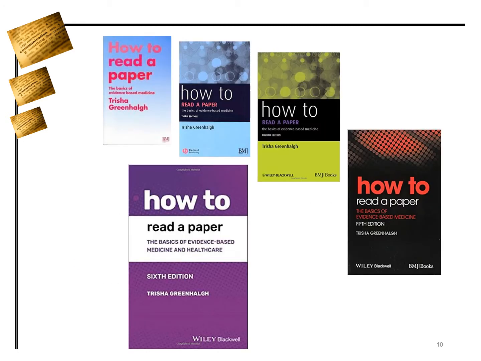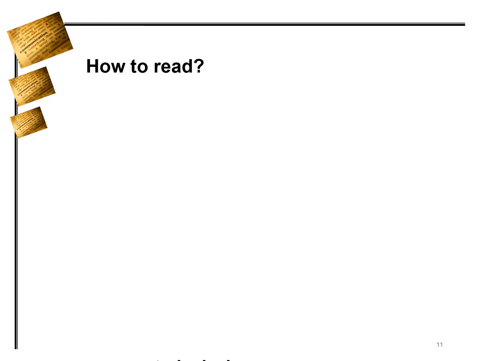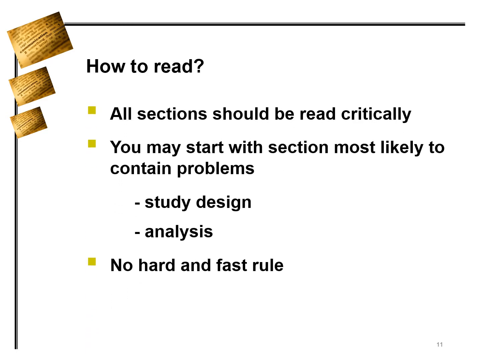Now, there are many publications available these days that can be used as references to facilitate us in doing critical appraisal. One such publication is How to Read a Paper, which is now available in several editions. How to read a paper.